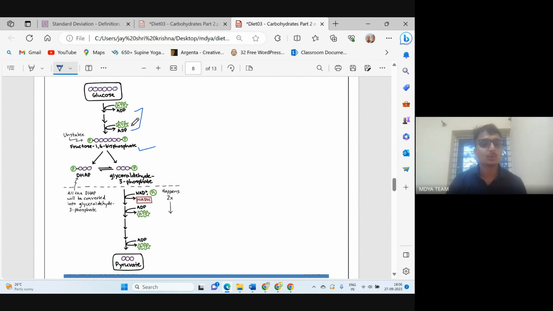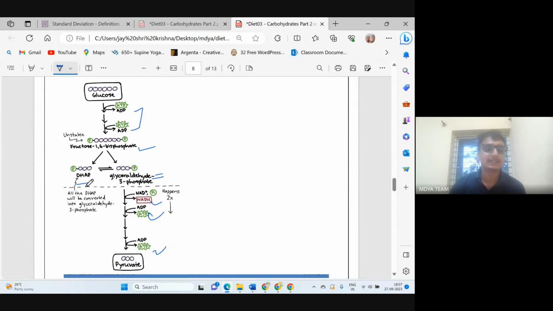Then this fructose 1,6-bisphosphate is broken down into two unstable molecules, DHAP and glyceraldehyde 3-phosphate. The glyceraldehyde undergoes several chemical reactions, and first there is production of NADH, then production of ATP, 1 ATP.